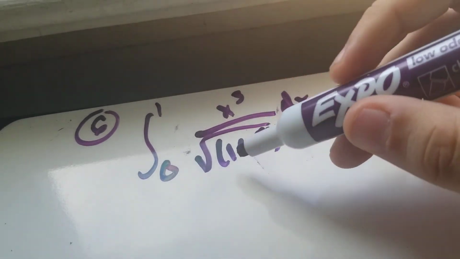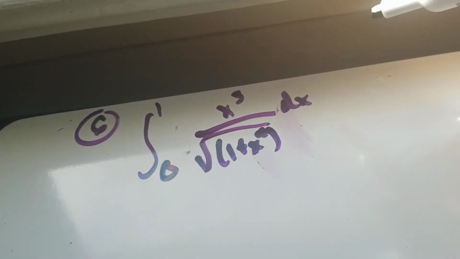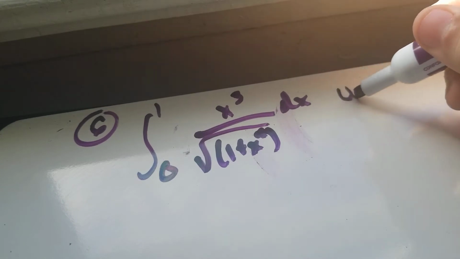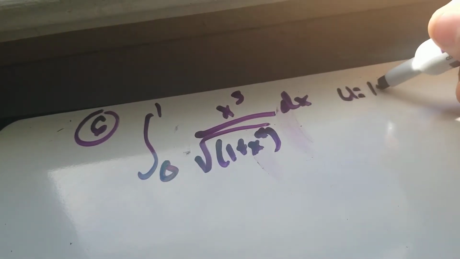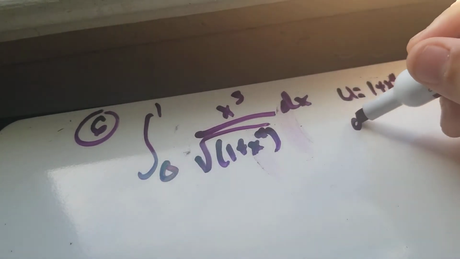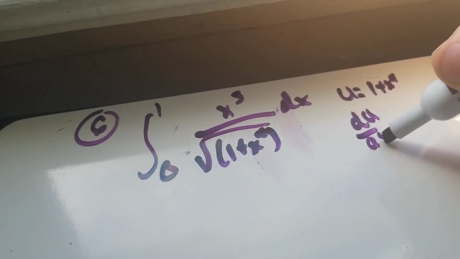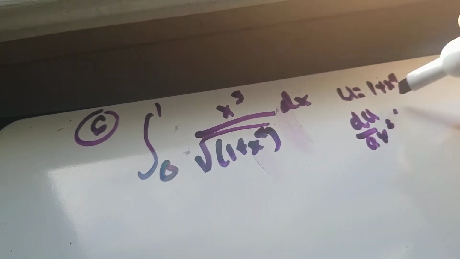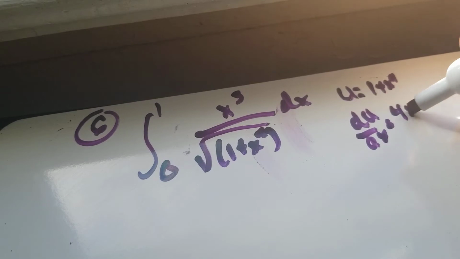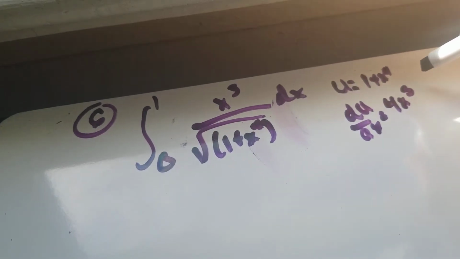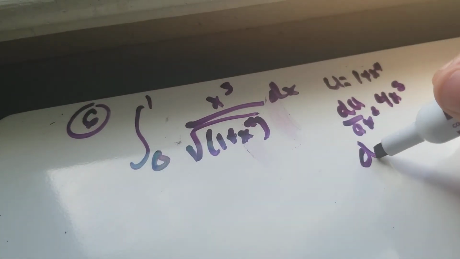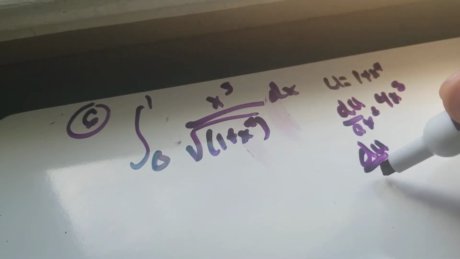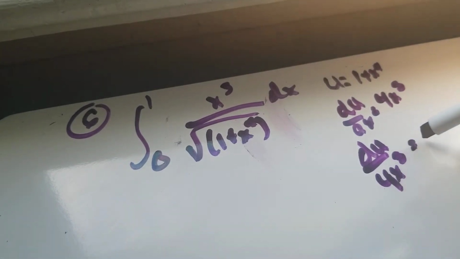All right, so what's really confusing is the square root of 1 plus x to the 4th. So I'm going to rewrite that as u equals 1 plus x to the 4th. And then I'm going to make du dx equals, you take the 4 down, 4x to the 3rd. All right, a little bit of algebra, du over 4x to the 3rd equals dx.